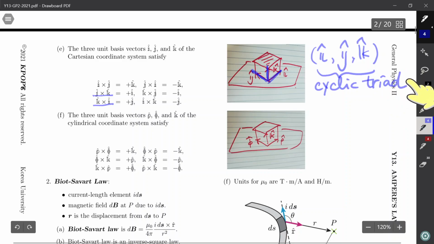Cyclic triad means they satisfy the cross products i cross j equals k, j cross k equals i, k cross i equals j.